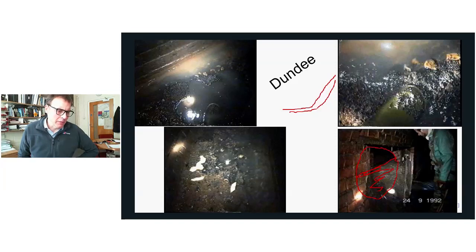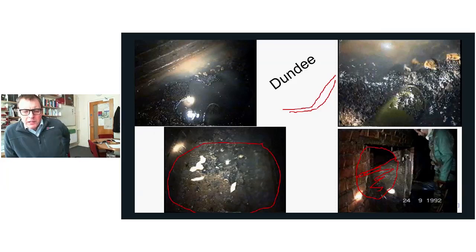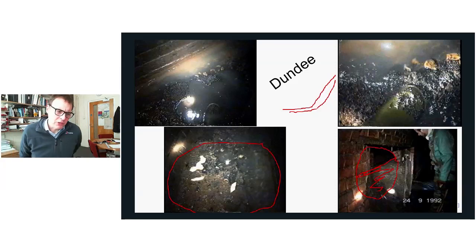You can't really make it out, but this picture here was in Dundee again, and it was taken at a time when there was construction work nearby. What had happened is that they'd been using concrete on site, and some of the wash off from that concrete, so really water that contained a small amount of cement, was washed into the sewer, and that deposited on top of the sediment bed.